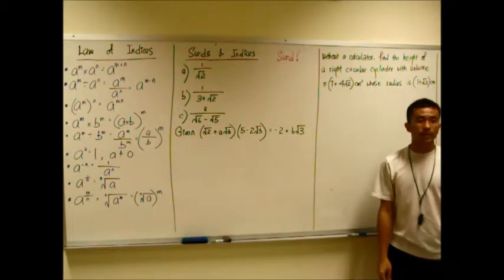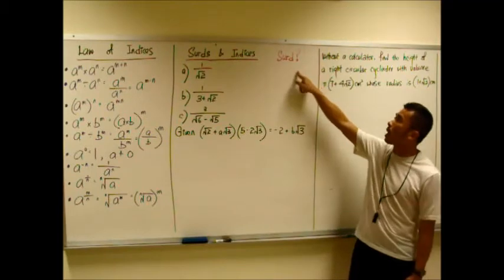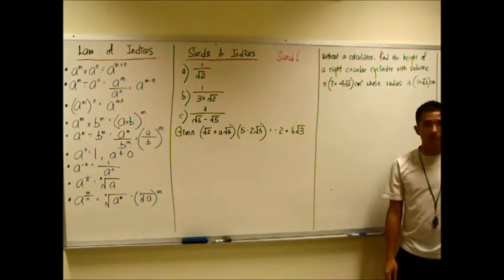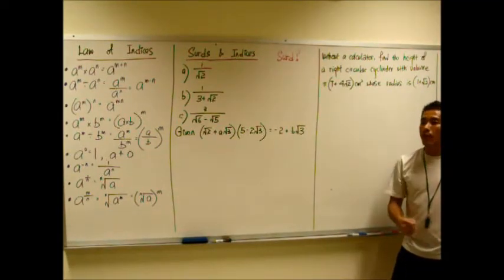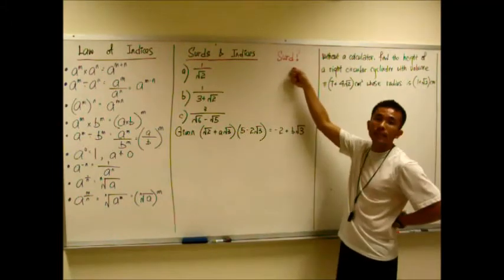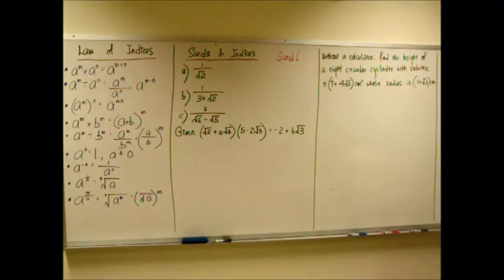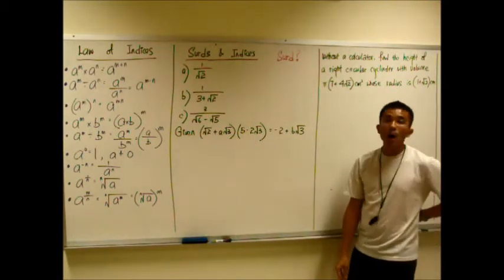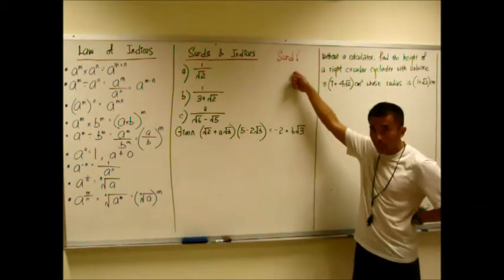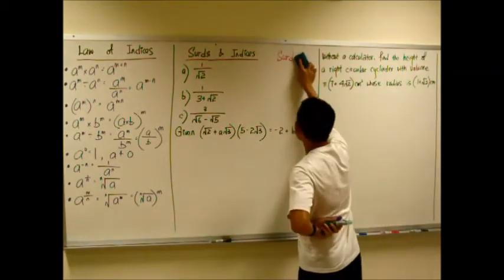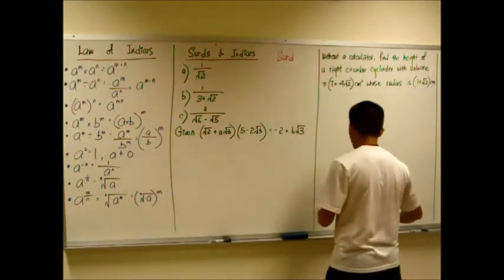What exactly are surds? Most of you will be able to tell me that surds are root terms. Okay? Surds are square root terms. In other words, surds cannot be exactly expressed in a rational form. So, again, surds are irrational expressions.